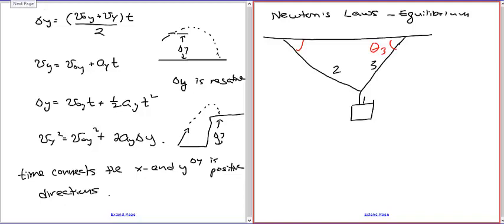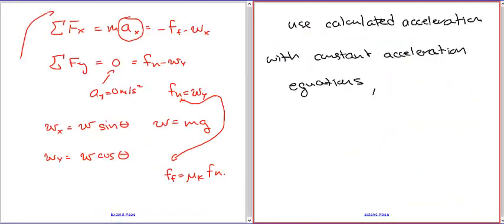If it's x, use x. If it's y, use y. In this case, we'd use x's to solve for velocity, time, and delta x. So these problems may consist of both a Newton's second law problem and a constant acceleration problem. So be able to do both of those. Again, you can look back at the examples we went through in class to make sure you understand it.